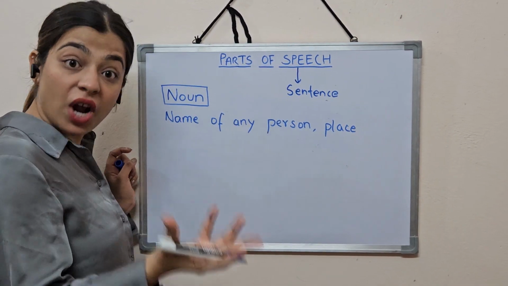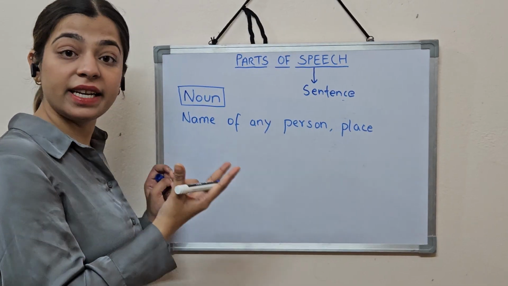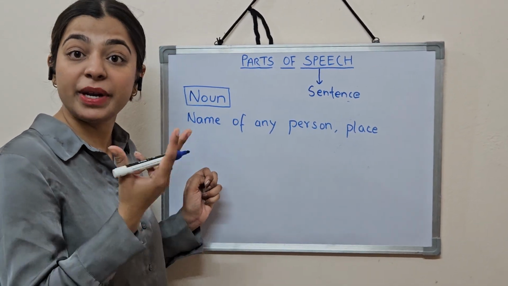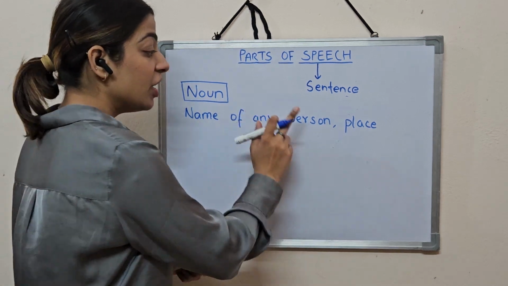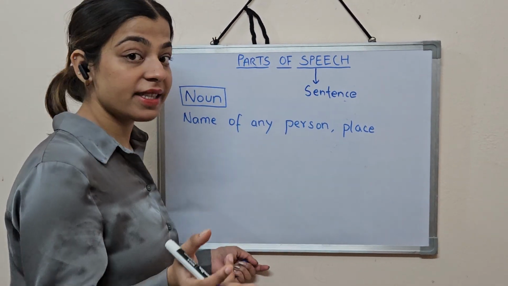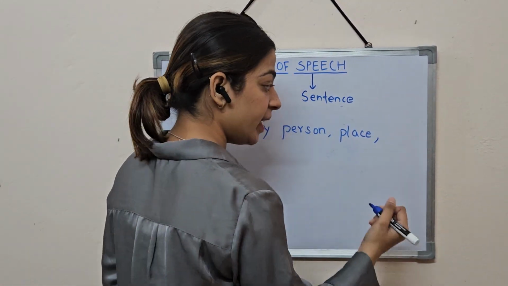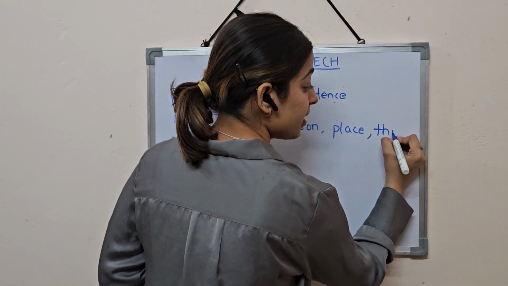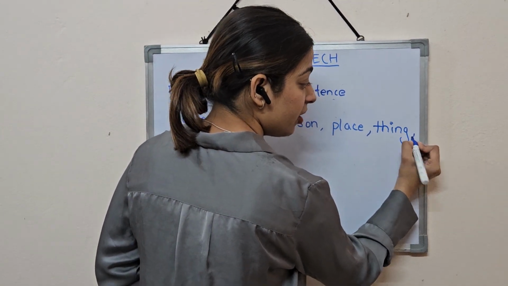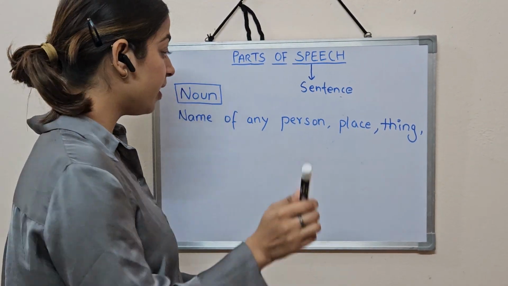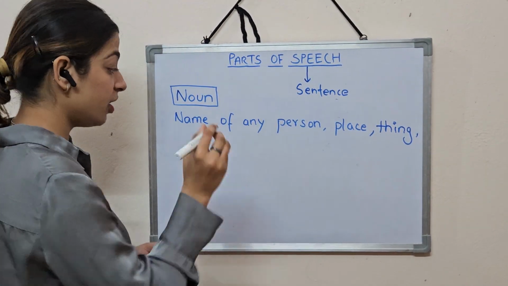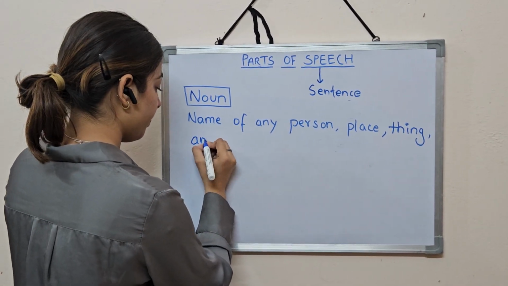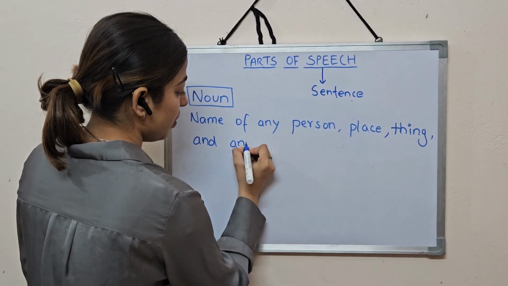Person like Ram. We wrote the sentence at the start of the session, Ram plays football. So Ram is also the name of a boy or a person. Person, place just like India. Person, place, thing, just like the marker I'm holding right now. This is a thing, right? Person, place like India, thing like marker, and animal.